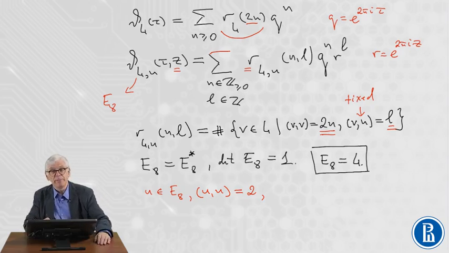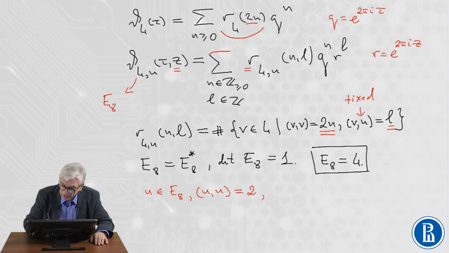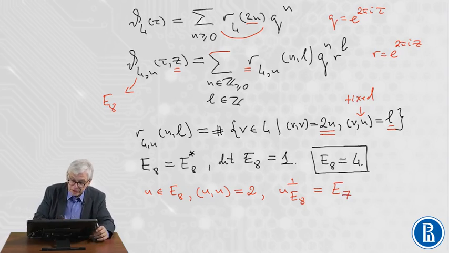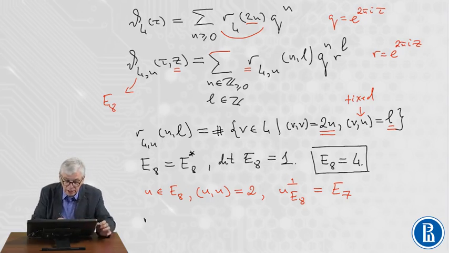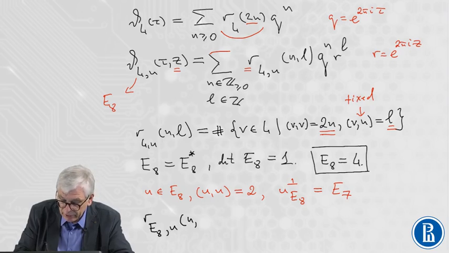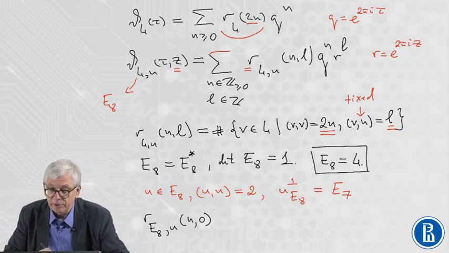Then, as I told you, we analyze all these lattices in some detail later. The orthogonal complement to U in E8 is the so-called lattice E7. So, let us analyze the function R for the lattice E8 and for the root U for n equal to 0, l equal to 0.